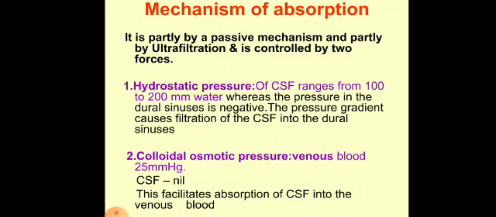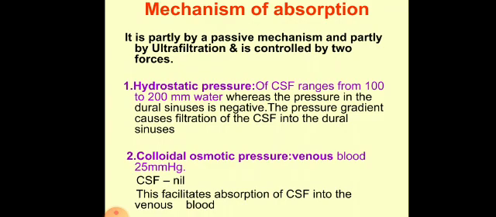Is that clear? So the hydrostatic pressure of the CSF ranges from 100 to 200 millimeters of water, but the pressure in the dural sinuses is negative. Because of this huge pressure gradient, CSF is filtered into the dural sinuses.